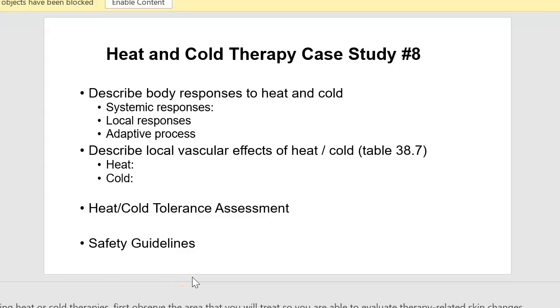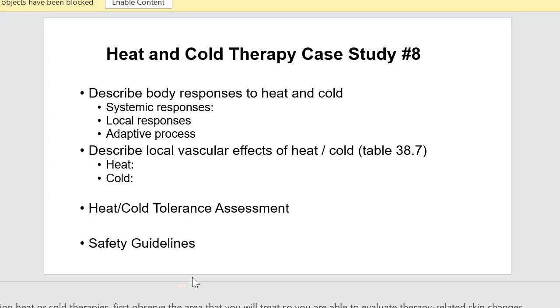So, some systemic responses. Heat loss mechanisms can cause sweating or vasodilation. Heat conservation, vasoconstriction, and heat production would cause shivering.